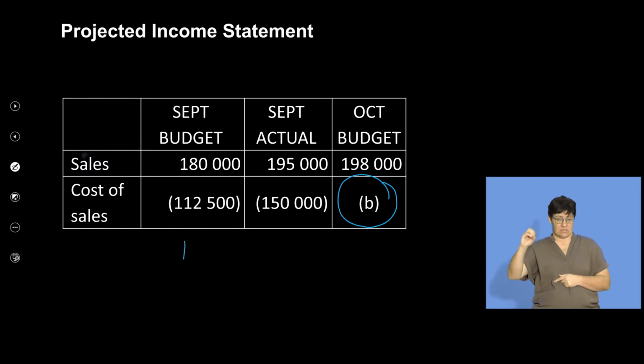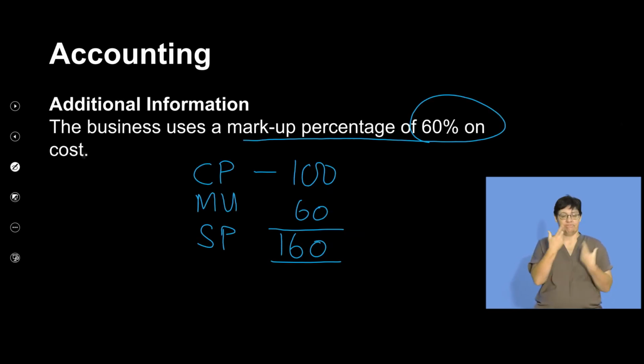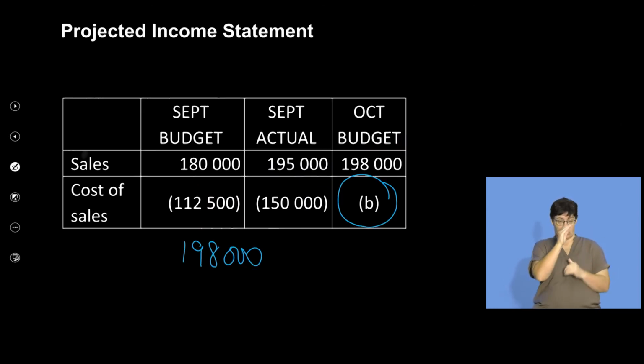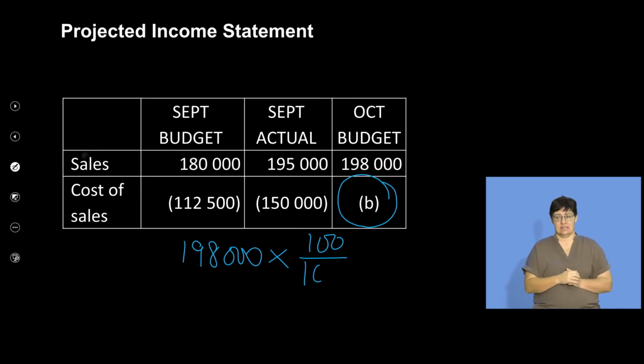Let's do that. So 198,000 is my sales figure, and you apply what I showed you here, saying you want to calculate the cost price. What you want to calculate, you put on top, therefore, times 100 on top over the selling price, in terms of my formula was 160 over 160.